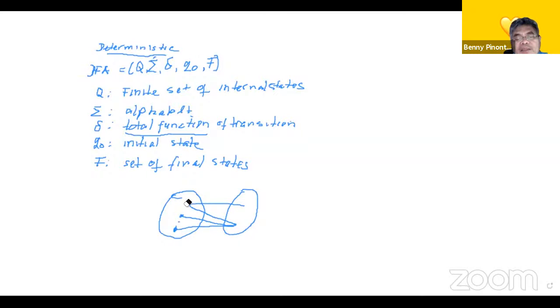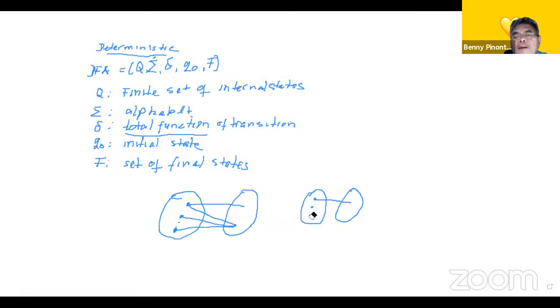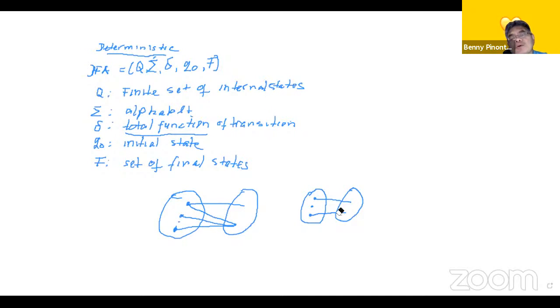One member from the domain cannot have two images. For a function, all of the domain members should have an image, and none of them has two or more images. So each of them has only one image. So that is a function.